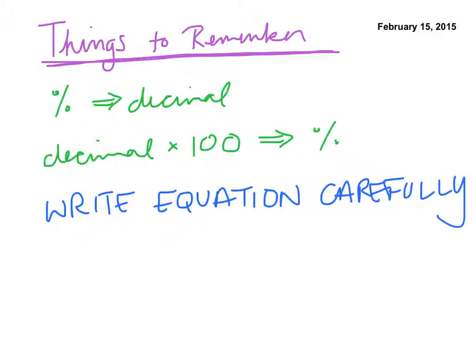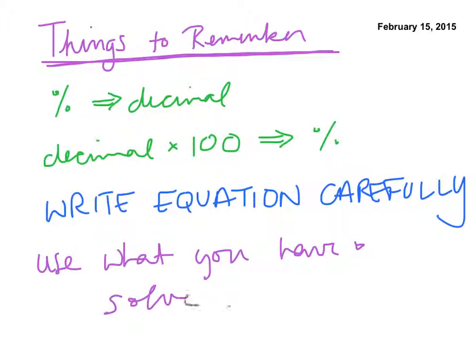Don't rush. Take it slow. Read the problem, see what it's really asking for you to find. And then use what we have and solve for the unknown. Good luck.